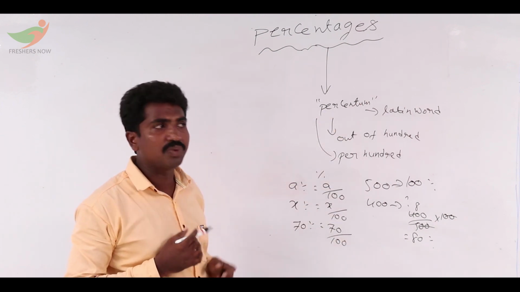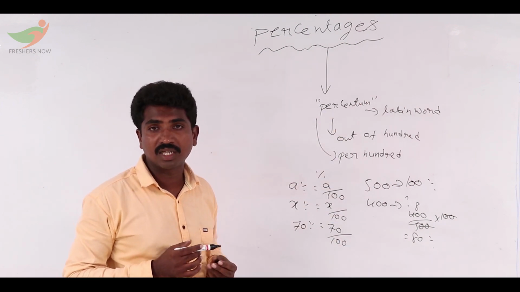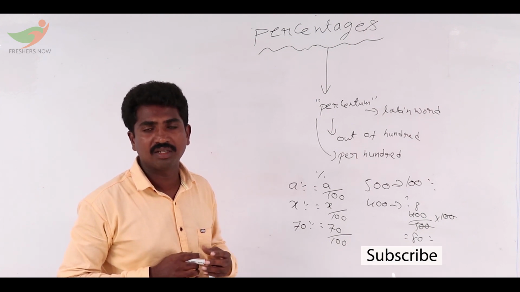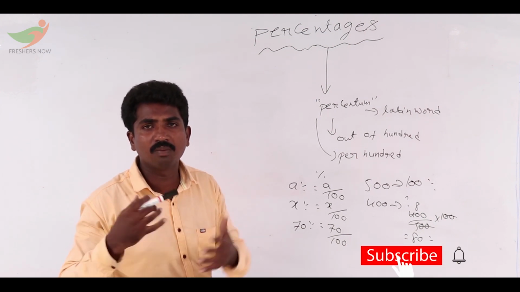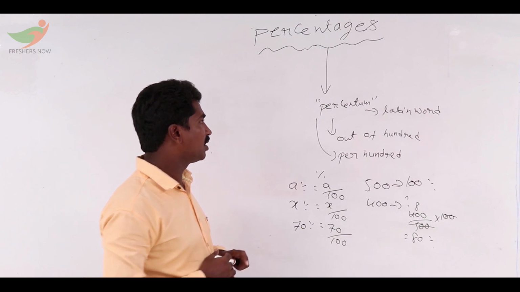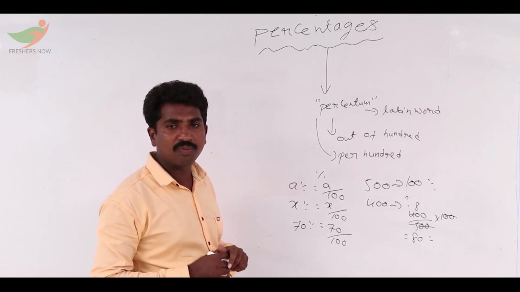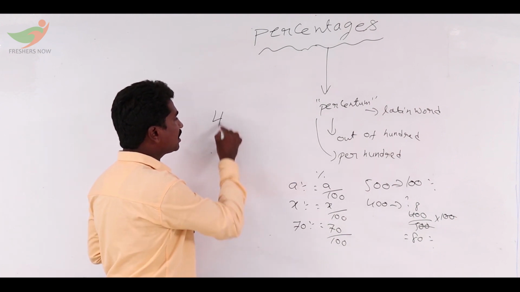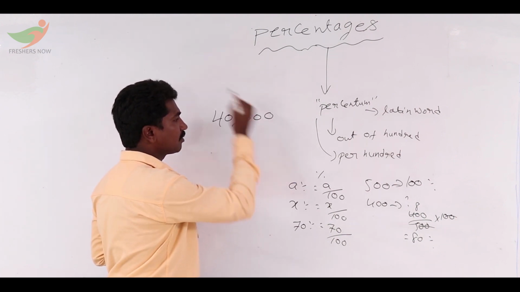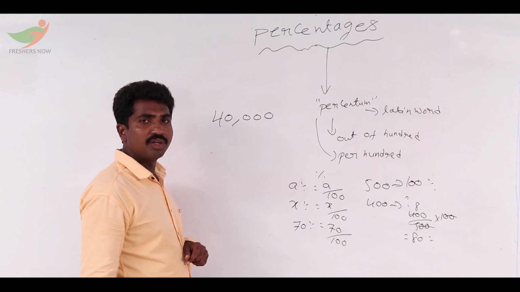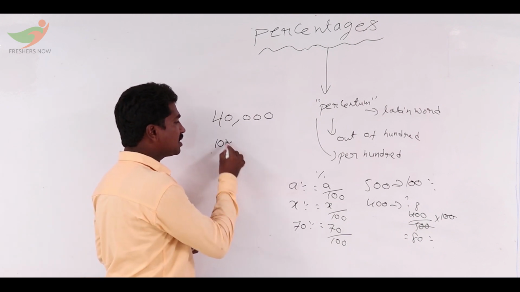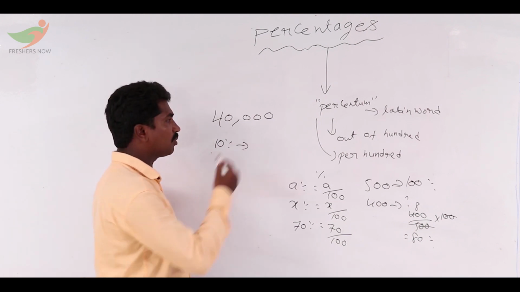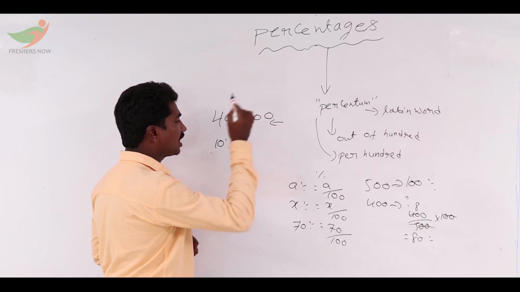In percentages, we take the unknown number as 100%. We don't take X or Y. Now I want to find some percentage values. There is a number 40,000. If you want to find the 10% value, put a point after one digit from right.